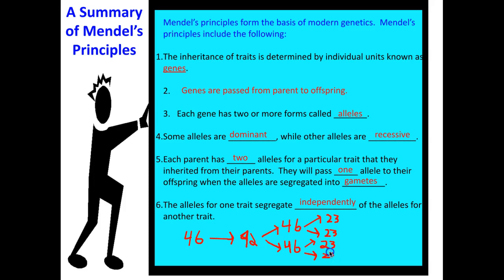So we end up, that should be a 23s. You get the picture. We end up with 4 cells with half the genetic material as the original cell.